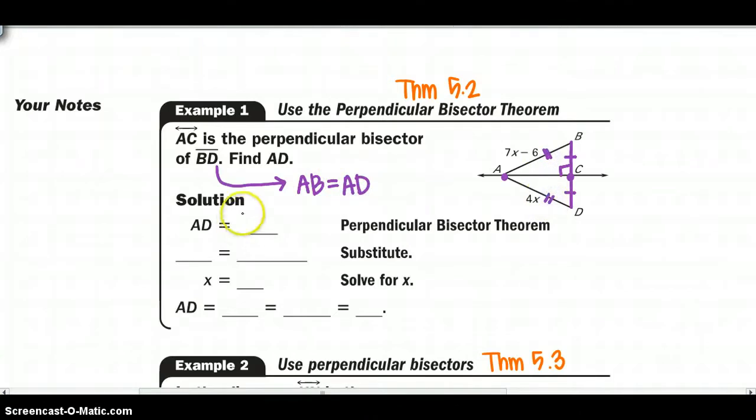Now I can set up my equation to start solving for x. AD equals 4x, AB equals 7x minus 6.